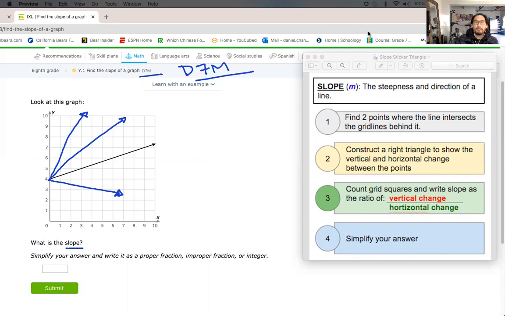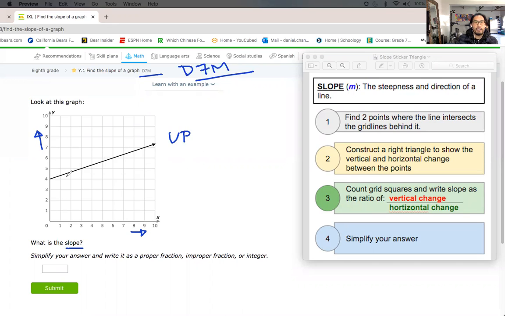And then direction of the line: you can see that this line is ascending. It's going up. That means the y values are going higher as the x values increase. So this direction is up.